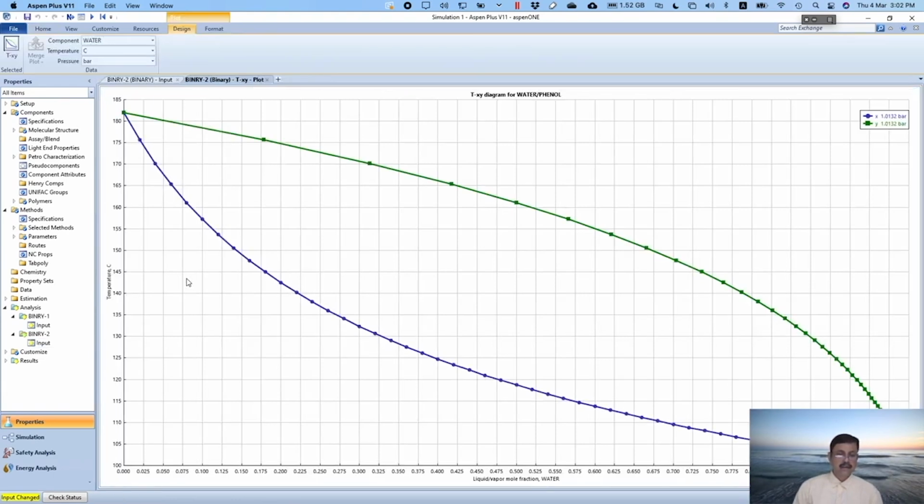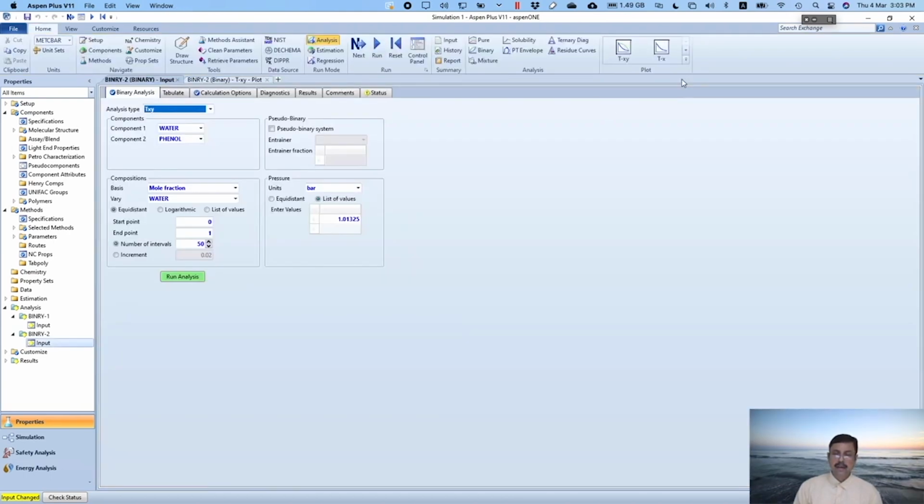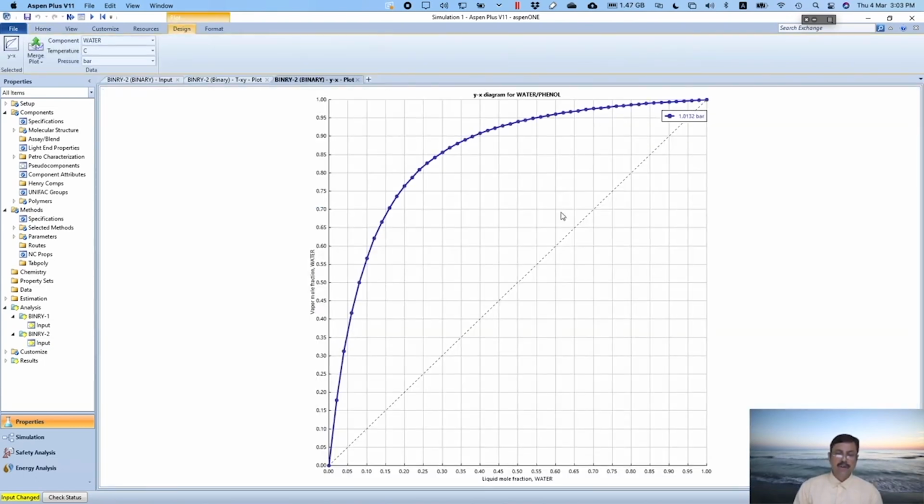Again, you can find this is the bubble point curve and this is the dew point curve. Now bring in the YX diagram. Yes, so you have got the YX diagram for the water and phenol system at 1 atmosphere pressure.